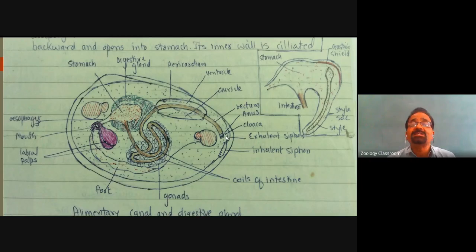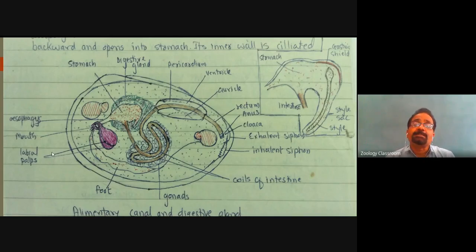Also, the excretory products formed through the excretory system are brought into the cloaca, and then they are given out through this exhalent siphon, so it is referred to as the cloaca. So it opens here, and along with the outgoing water, the undigested food particles are removed. Now, the word suprabranchial chamber is used here.